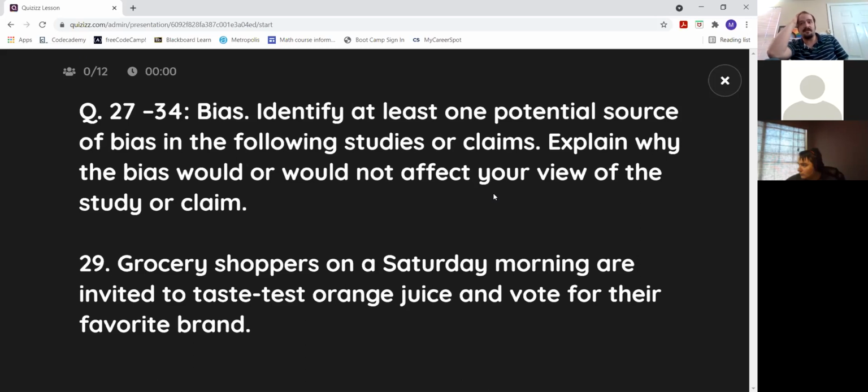So grocery shoppers on a Saturday morning are invited to taste test orange juice and vote for their favorite brand.